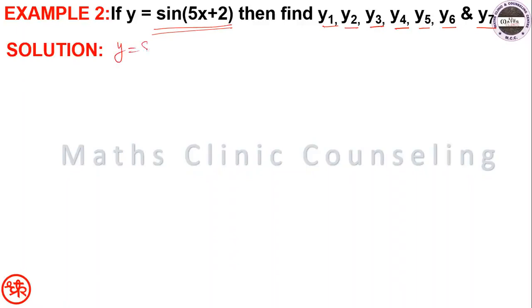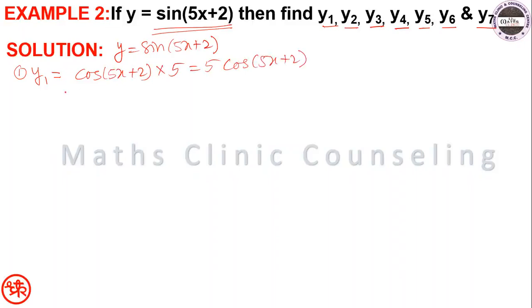Given y is equal to sine of 5x plus 2. Now differentiating both sides with respect to x. So the first, y1, is equal to, the derivative of sine will be cos of 5x plus 2 into 5, that is 5 cos of 5x plus 2.